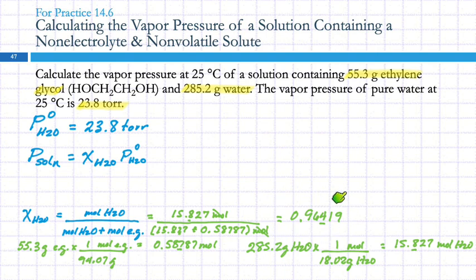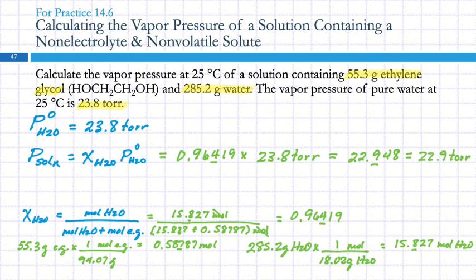This is what you do to a percent if you want to multiply, right? You divide it by 100. So here we've got our mole fraction times the vapor pressure of pure water. And so this is going to have a vapor pressure of 22.948, or 22.9 torr.